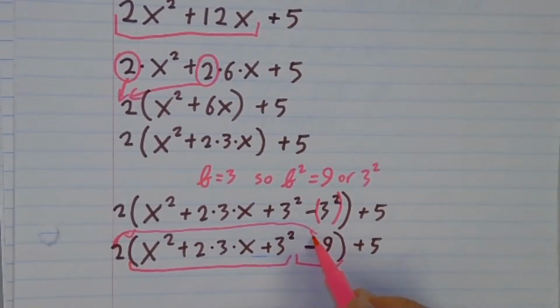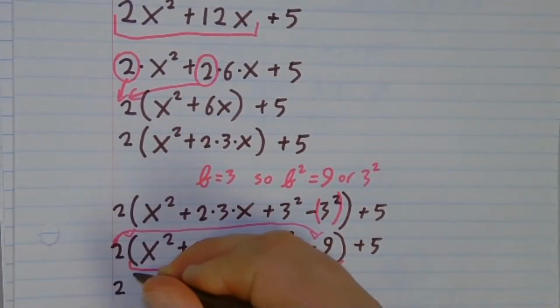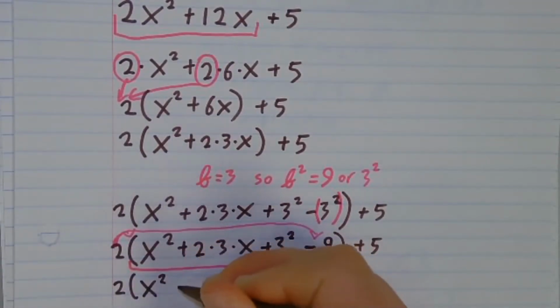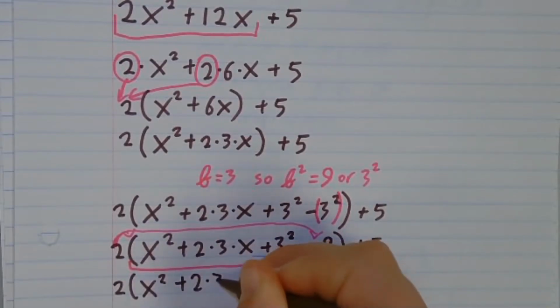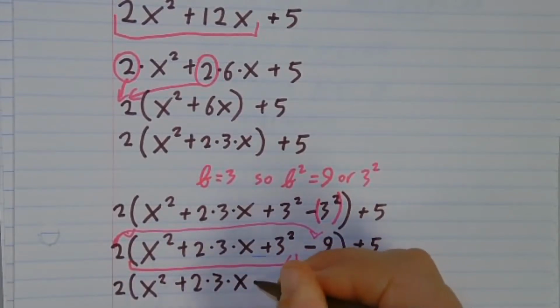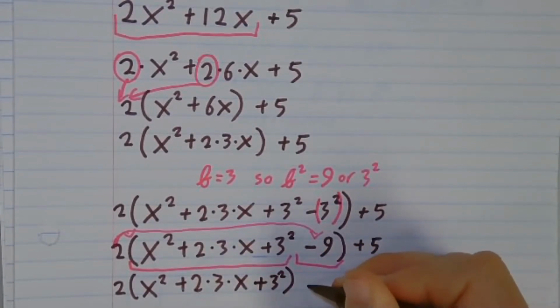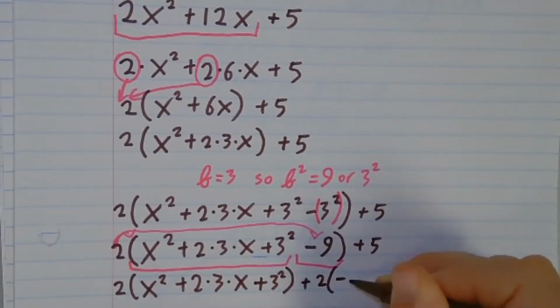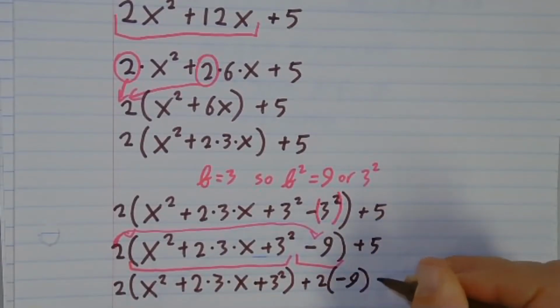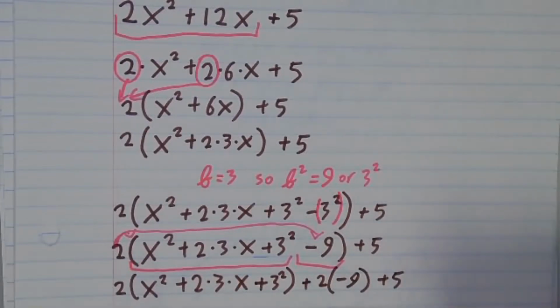But I'm going to go ahead and do the multiplication with that -9. So I use the distributive property, but only part of the time.